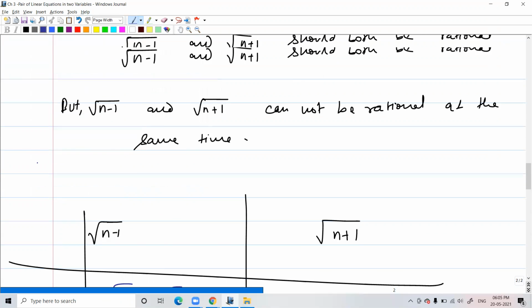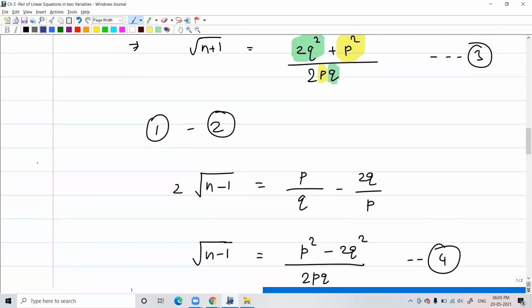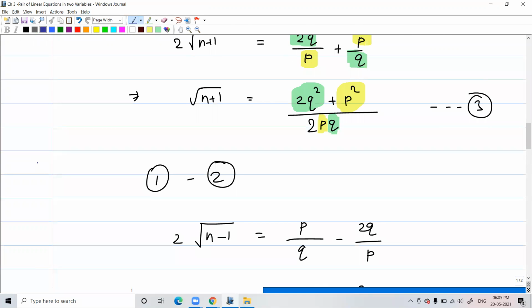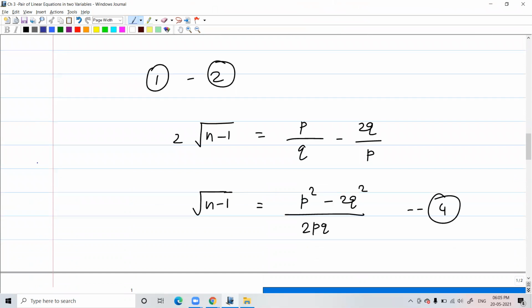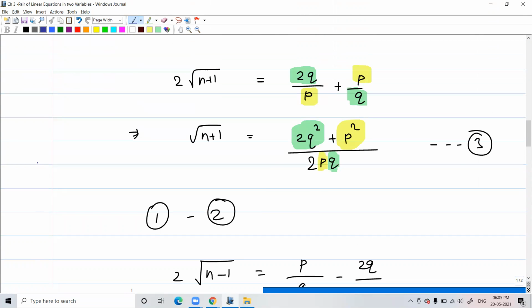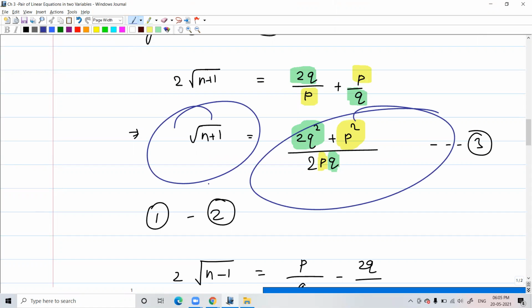What do we need? Our third equation tells us that root of n plus 1 should be rational. And fourth equation tells us that root of n minus 1 also should be rational at the same time. When we take any value of n, both of them should be rational. So it should be rational.